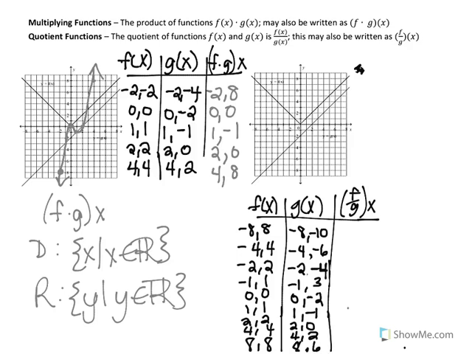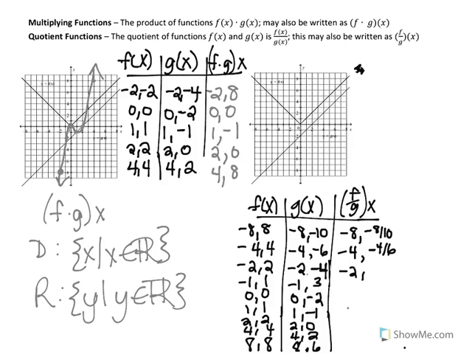Okay, so we're going to divide them. So we're going to do f of x divided by g of x, so f of x is on the top. So negative 8 over negative 10, so 0.8. We have negative 4 and negative 4 over negative 6, so negative 4 over 6, which is negative 2/3.